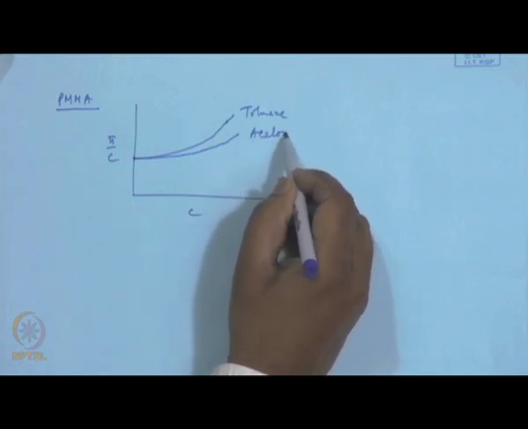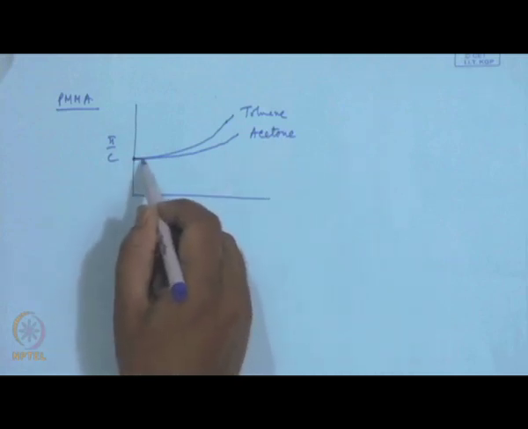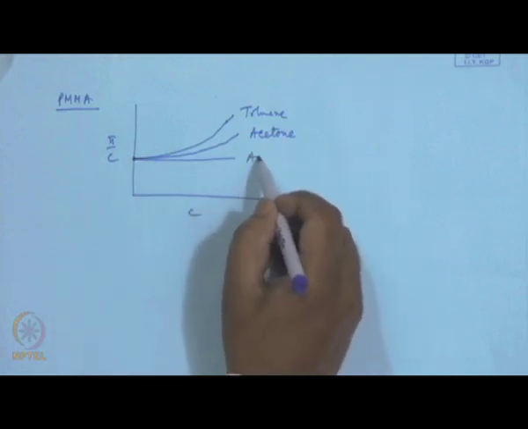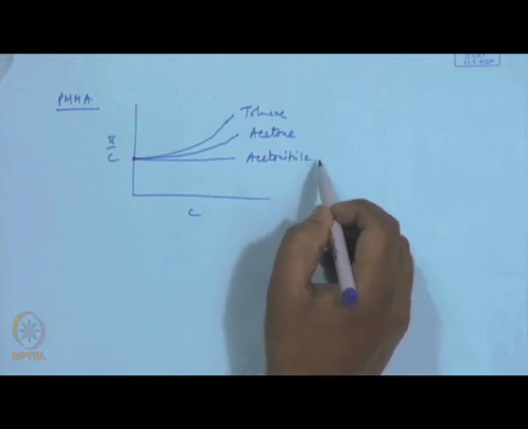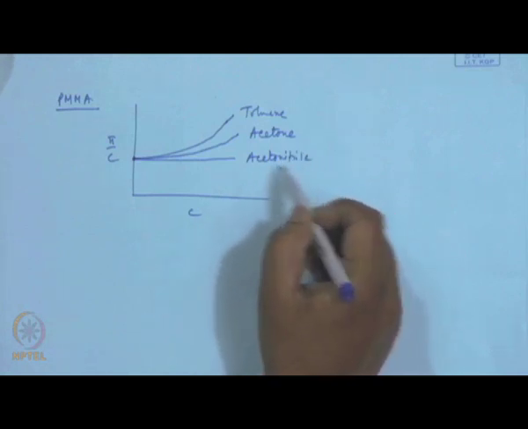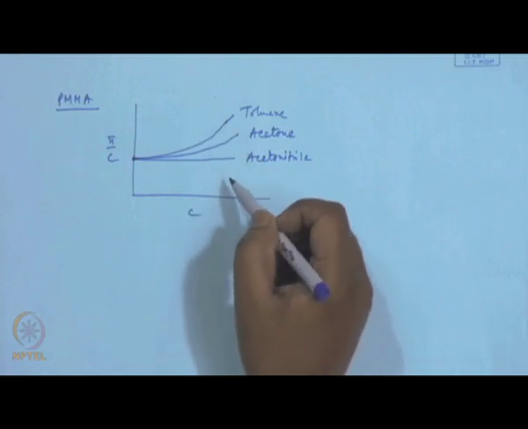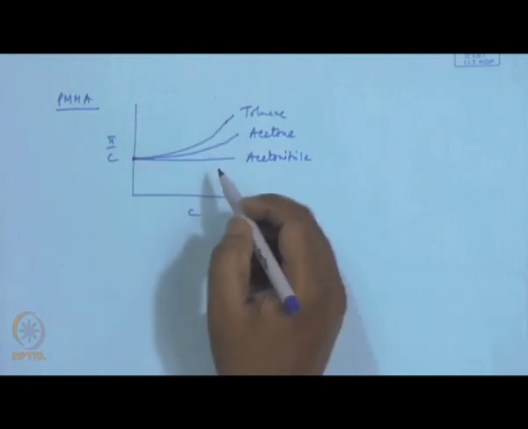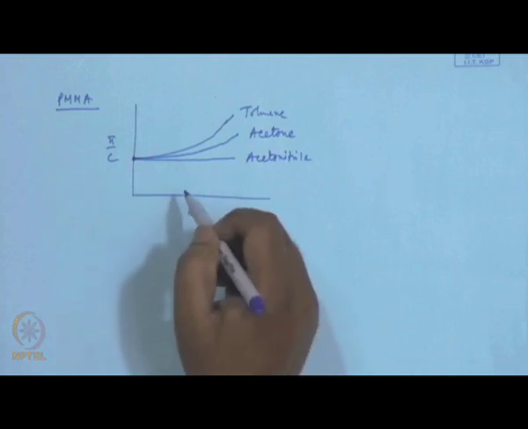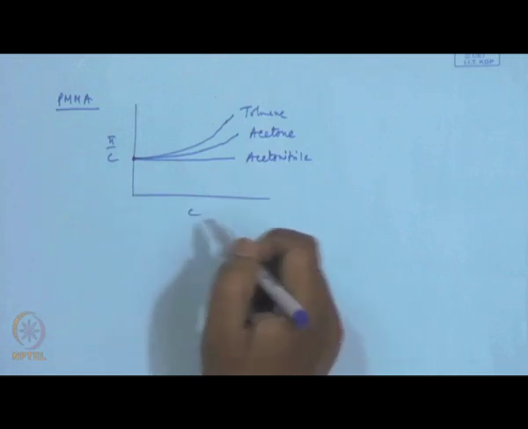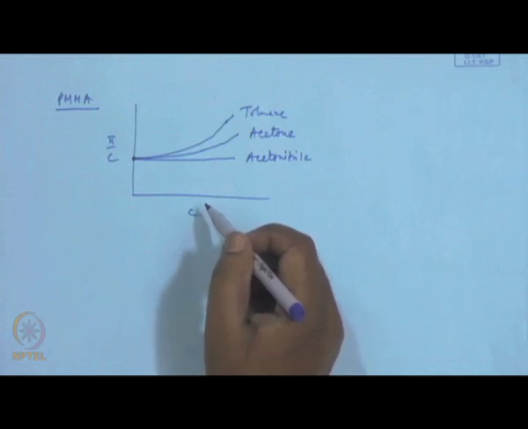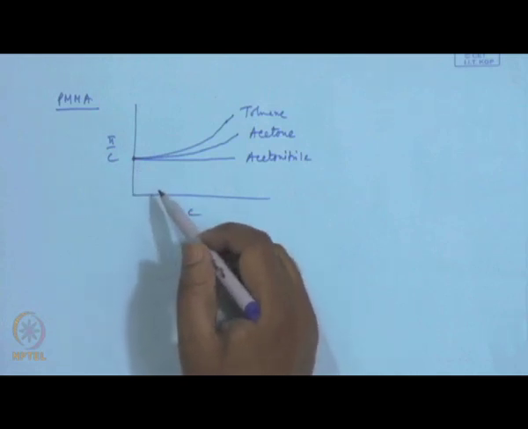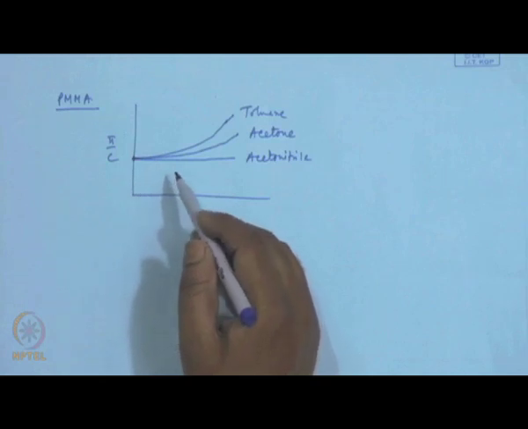This is what happens for acetone, and acetonitrile is a theta solvent at this temperature for PMMA, which means pi by C is independent of the concentration of solution. So, in this way we can get the number average molecular weight.